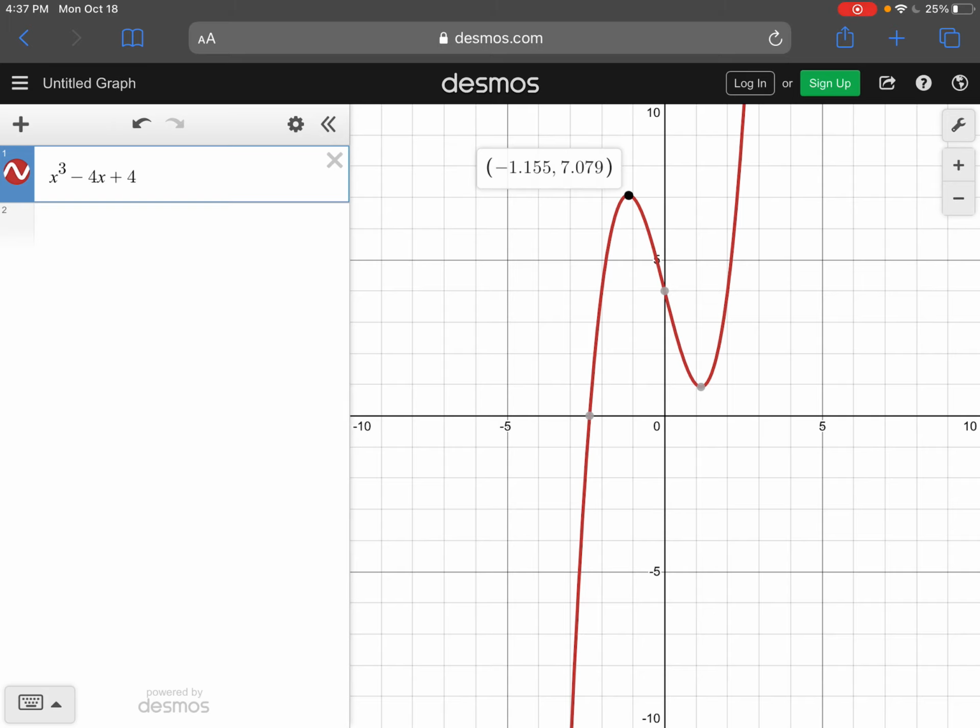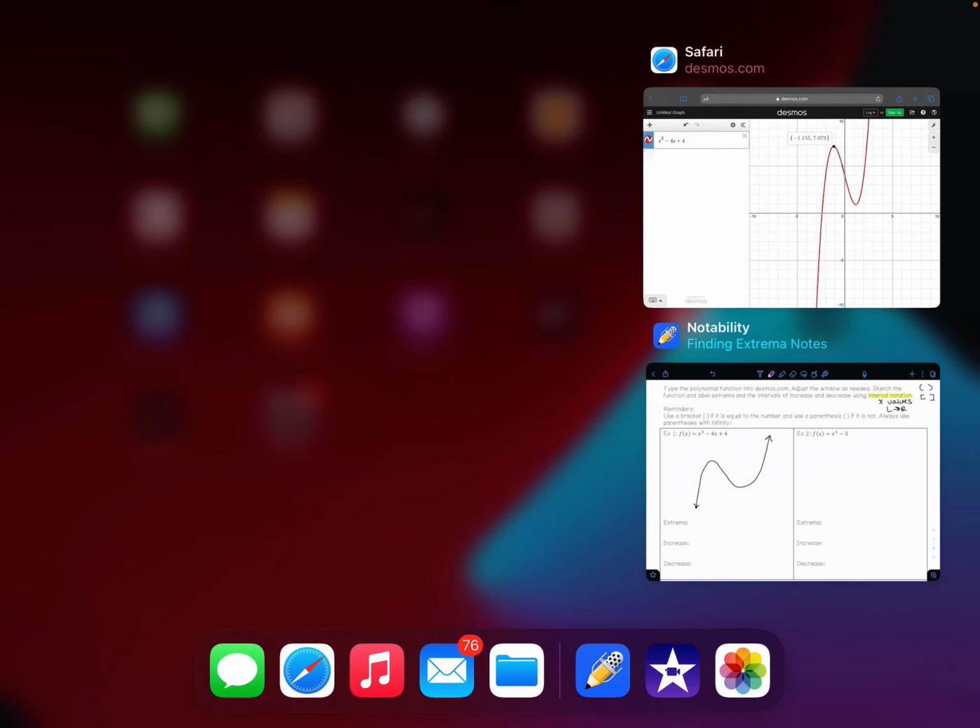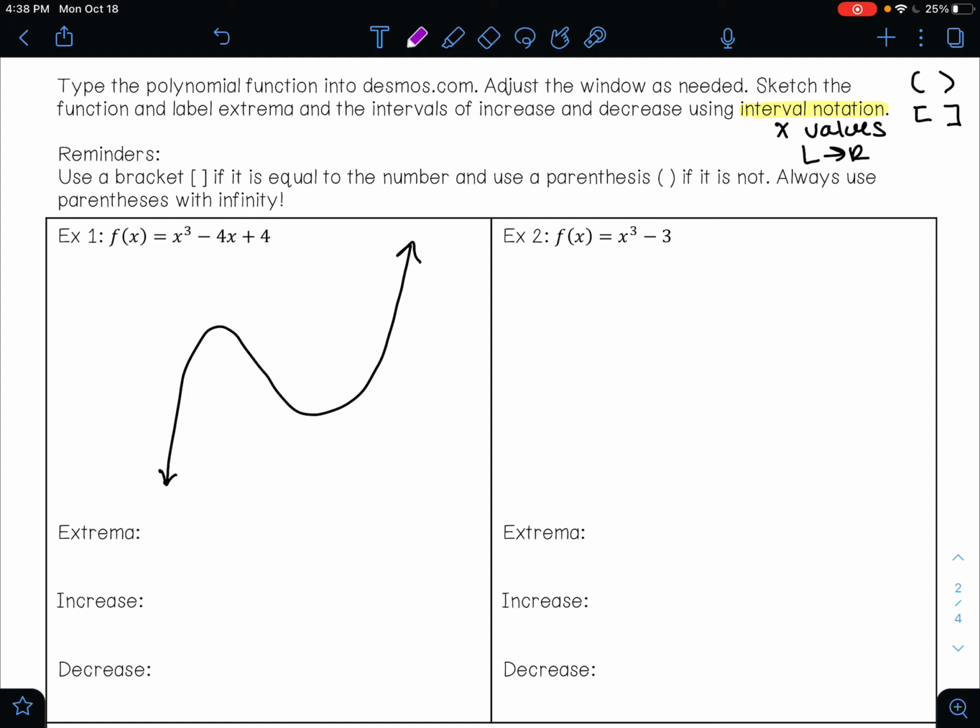This point right here, let's just round to the nearest tenth. So that's one decimal spot. So that's going to be the point negative 1.2. And when we're talking about interval notation, we're only talking about your x values.